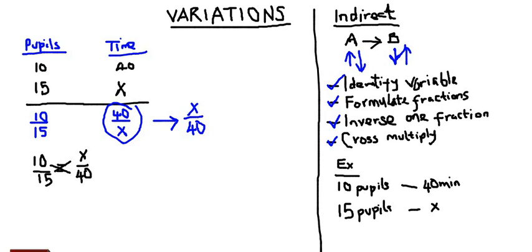If we multiply, we will get 15 times x, which is 15x, equals 10 times 40, which is 400. So to get our x, we need to divide both sides by 15.